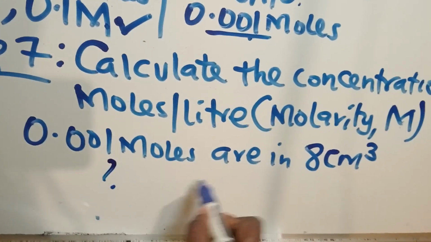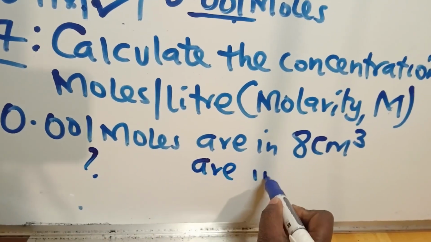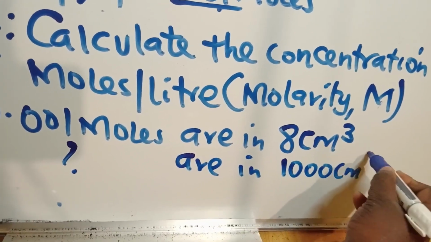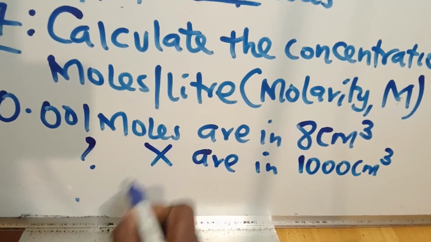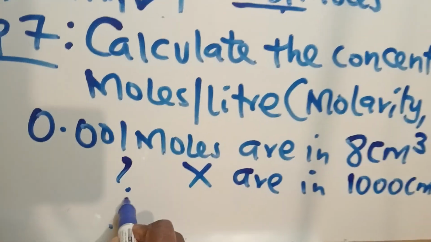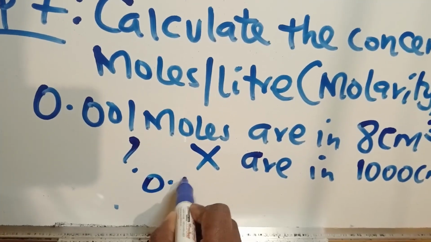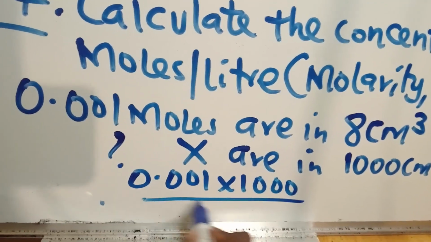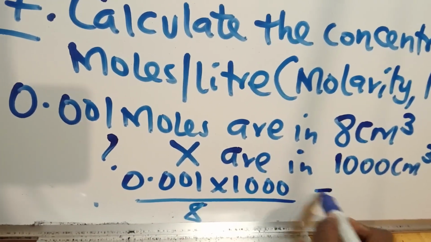So then how many moles are in a liter, which is 1,000 centimeters cubed? So again, you cross multiply. Cross multiplying, you get 0.001 multiplied by 1,000 divided by 8.